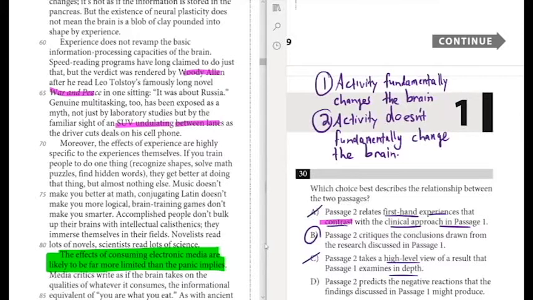So far we've gotten rid of answer choices A and C, and answer choice D, passage 2 predicts the negative reactions that the findings in passage 1 might produce. Sometimes it helps to imagine what would a passage like that sound like if we were predicting the negative reactions. That would sound something like, this other author made this claim, and once that claim gets out, people are going to be really upset. That would be the idea of predicting the negative reactions, which is absolutely not the relationship between the passages, and the answer for 30 is going to be B.